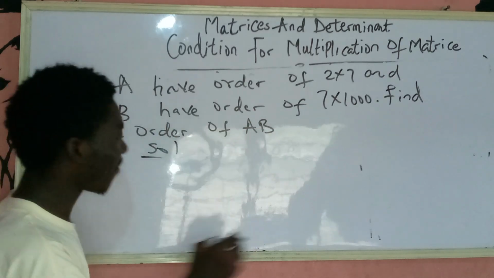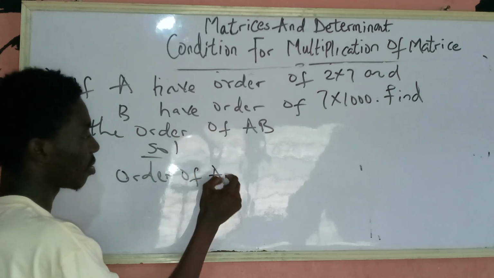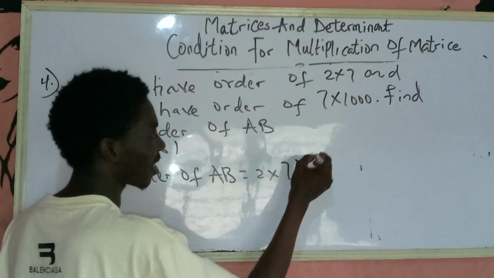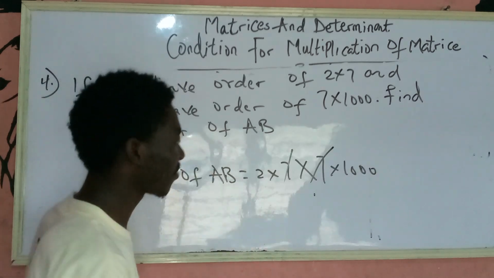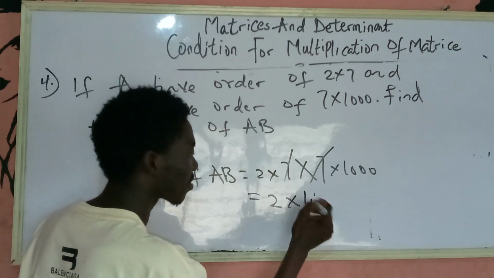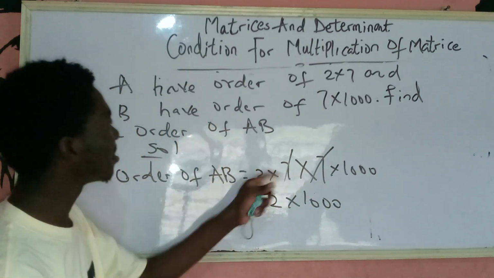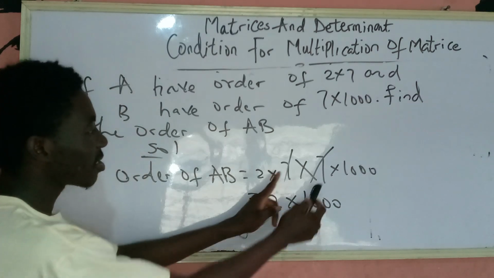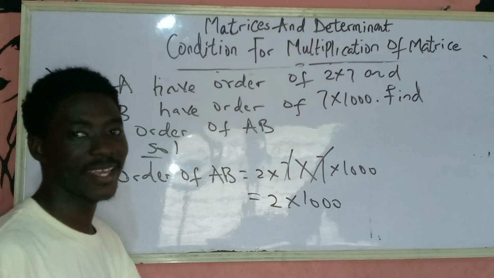Solution. Order of AB will be equal to 2 times 7 times 7 times 1000. 7 cancels 7, you have 2 times 1000. So that will be the order of matrix AB. So you have to check for the order of a matrix by cancelling out the row and column, and you have 2 by 1000.